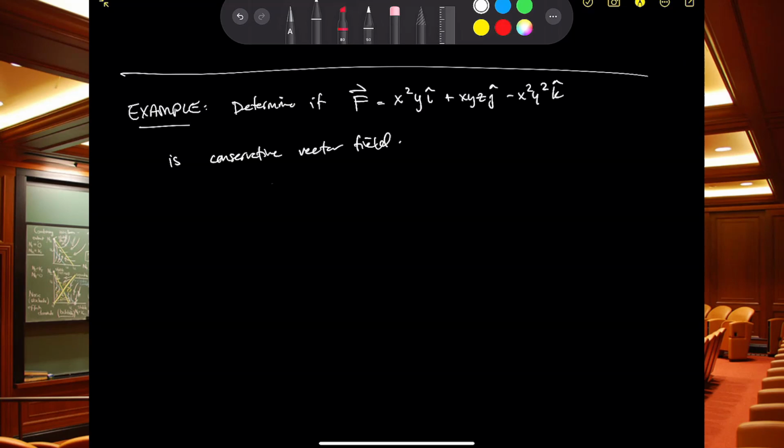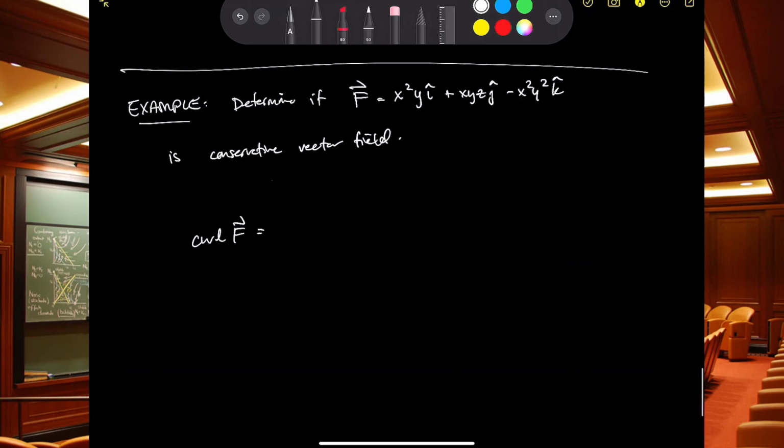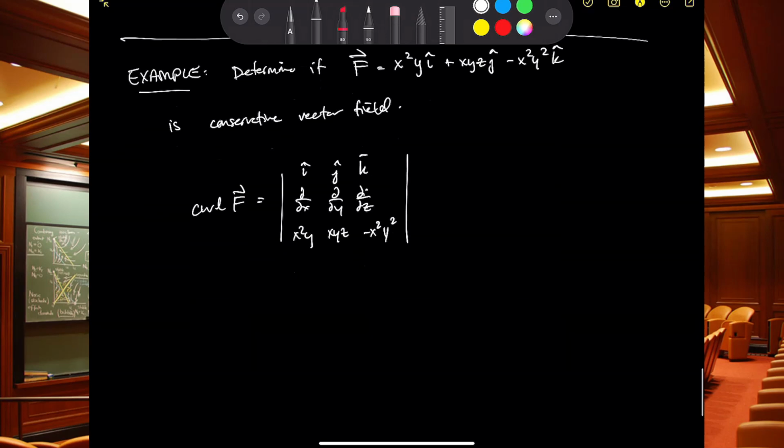Let's go ahead and compute the curl. Again, it's nice to use this cross product algorithm here. And actually, as an exercise, why don't you go ahead and hit pause after we get this set up, and I'll do the same, and then we'll just pick up with the calculation.